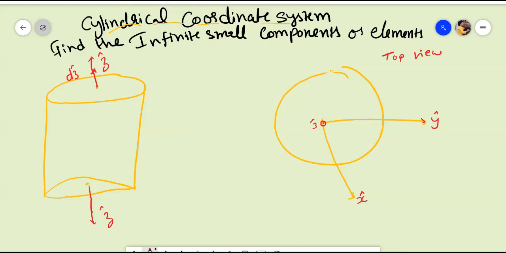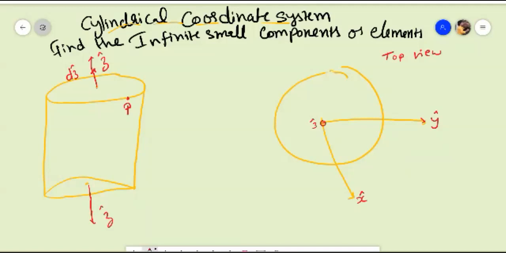Okay, so now what do we have? We have the top view here, and this is our Z cap, this is our X cap, and this is our Y cap. When we are talking about the cylindrical system, the point P is marked here. Point P will be moving along the directions of the cylinder.